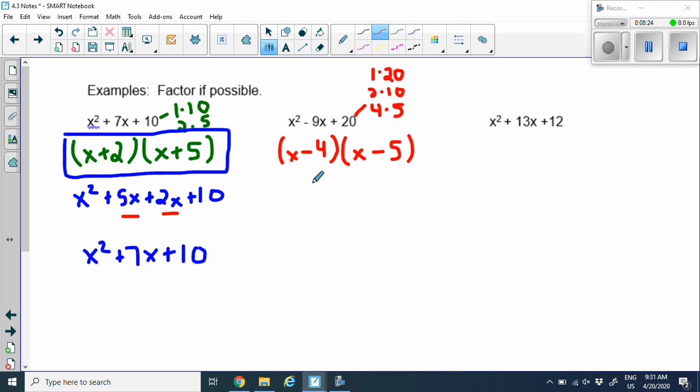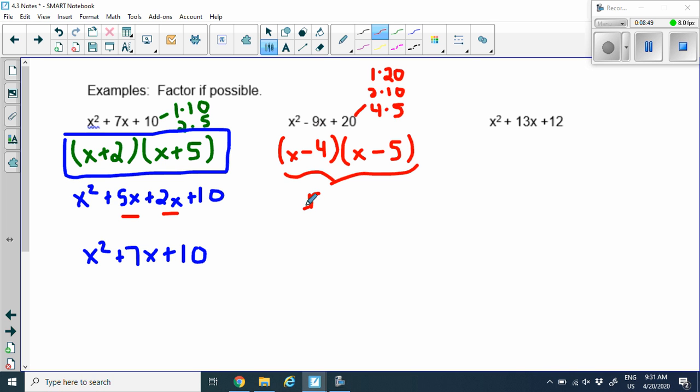Okay, and remember, if you're not sure, you can always multiply, and if you get the answer back that you had originally, then you factored it correctly. Now, also to let you know how I've been using the word factors: the factors of 20 are the numbers that multiply. That's what these sets of parentheses are called. These are also called factors, okay?